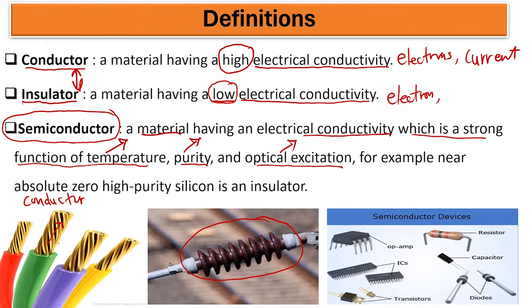For example, near absolute zero, high purity silicon is an insulator. Are we okay? Can we see the temperature here, absolute zero, on the absolute scale? At that temperature, silicon, which acts as a semiconductor, will turn into an insulator, meaning temperature plays a role in semiconductors. And for purity, we will talk about doping and how purity affects the conductor. Are we okay?